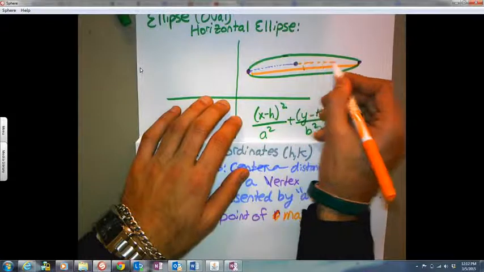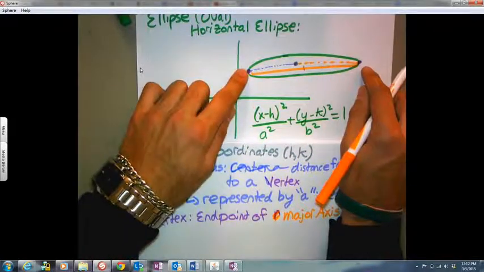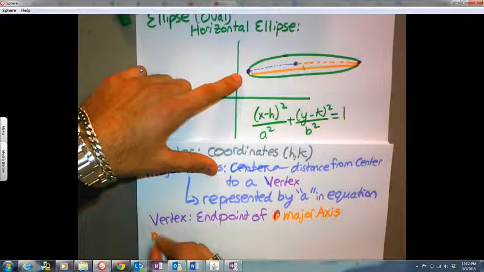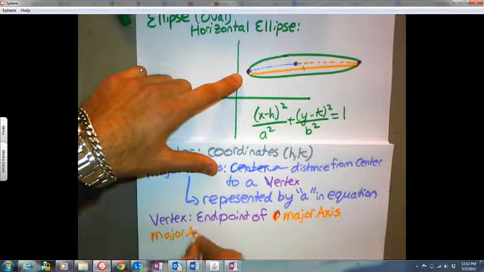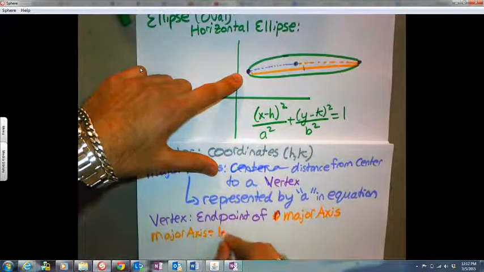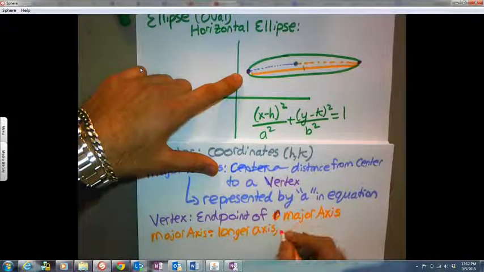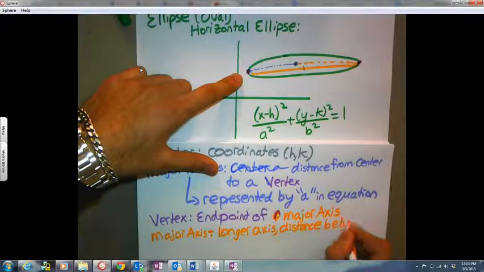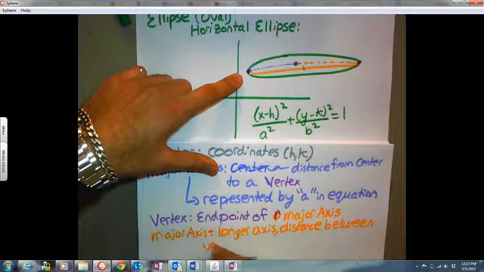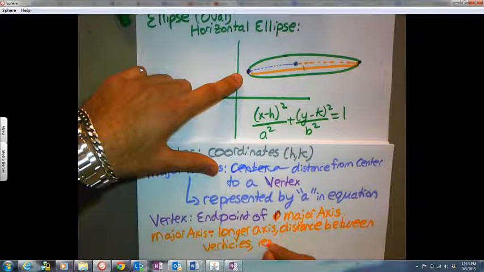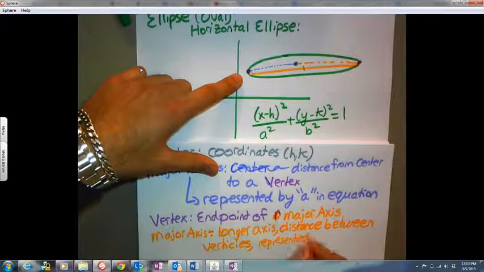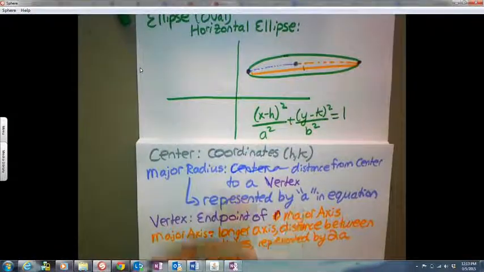We call that the major axis. It's the longer axis. We have a minor one, which I'll get to in a second. It is the distance between the vertices, and it is represented by 2a. So if a was the major radius, we double that to get the major axis.